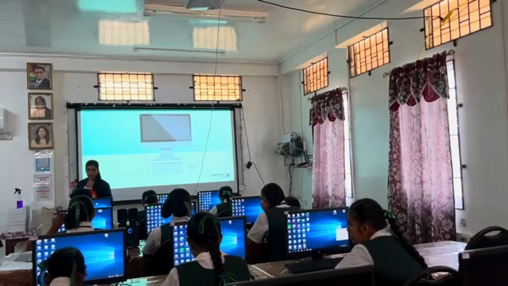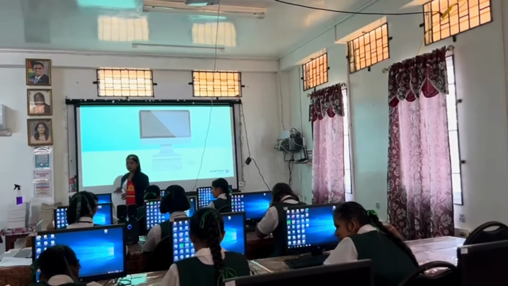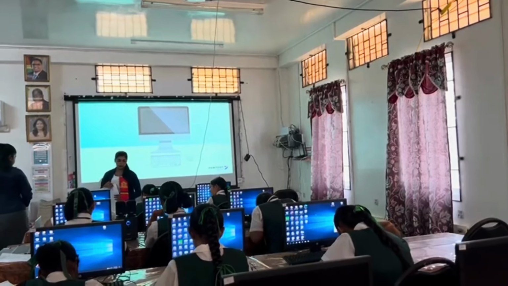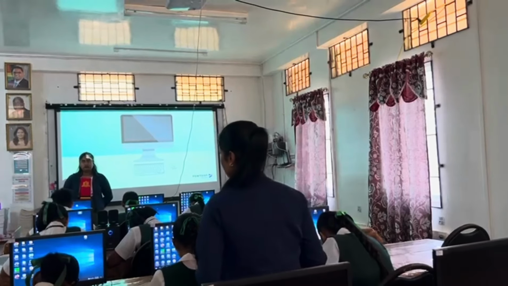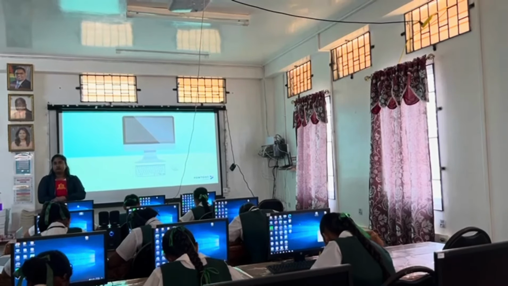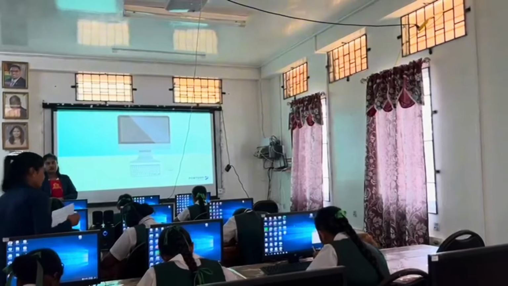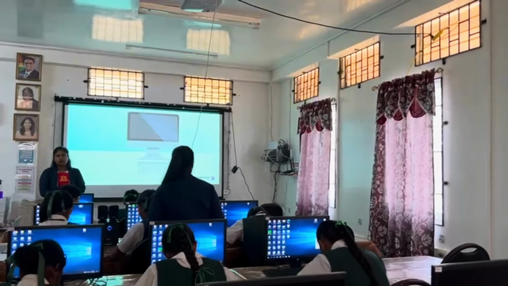You're using your pencil and your ruler, and you're going to match the parts of the computer to its function. Everybody understand the instruction? Good. Everybody know what they have to do then, right? Good. You're matching the part of the computer to its function.